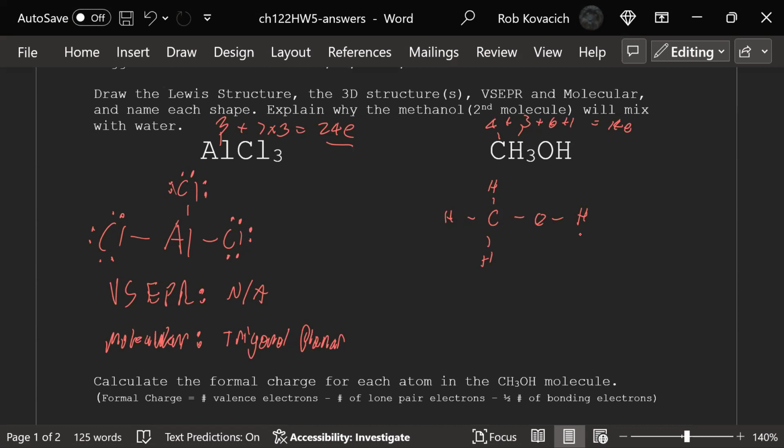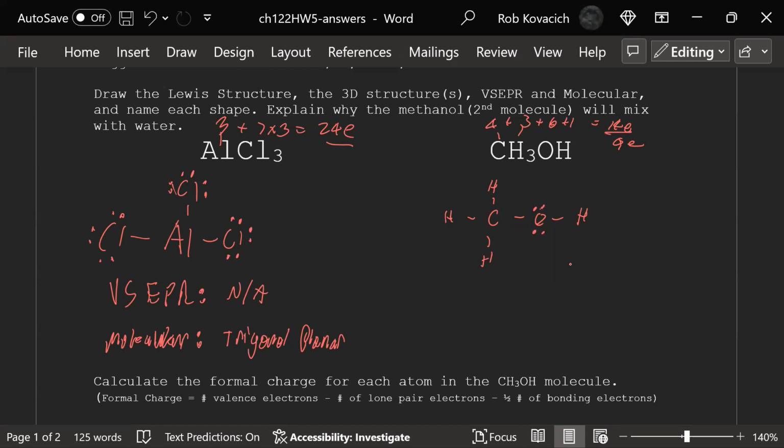Maybe it's not 14. No, let's say 14, right? 2, 4, 6, 8, 10. Oh, that's how I can't add. I've got 10 already. And so now I just have 4 electrons I have to deal with. Everybody's happy with the exception of this oxygen. Okay, so we're good to go with that.